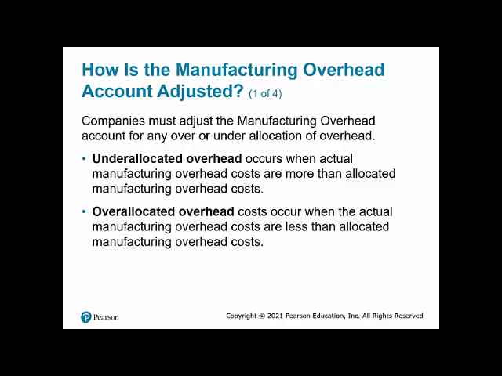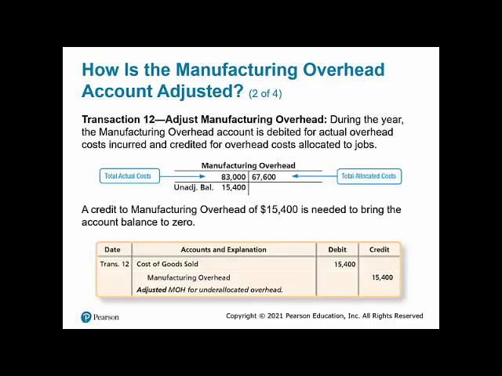Manufacturing overhead will be under allocated if the actual manufacturing overhead costs were more than the amount that was allocated to the jobs during the year. Manufacturing overhead would be over allocated if the actual costs were less than the amount that was allocated during the year.